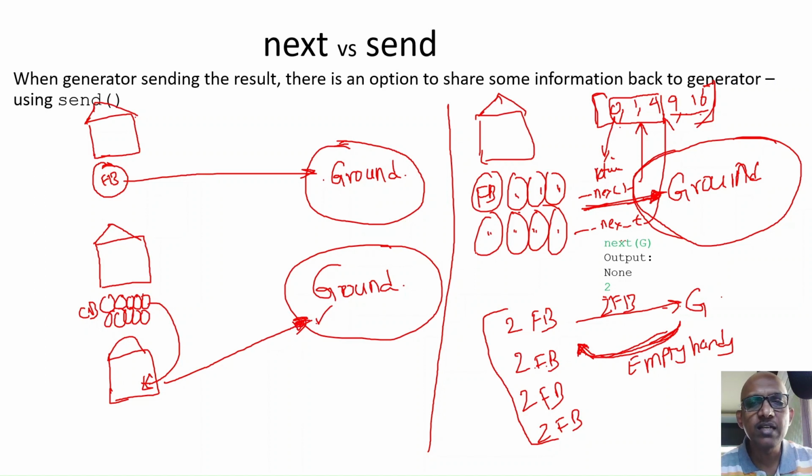If the data you are preparing using the function is very huge, then packing it into one data structure like a list, tuple or dictionary is a problem, because your RAM is not going to accommodate such a huge data.